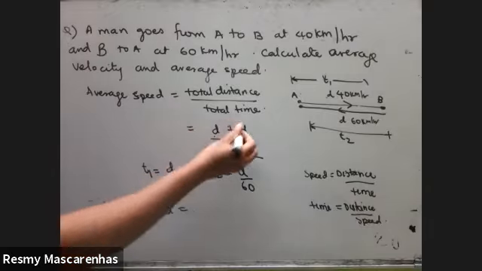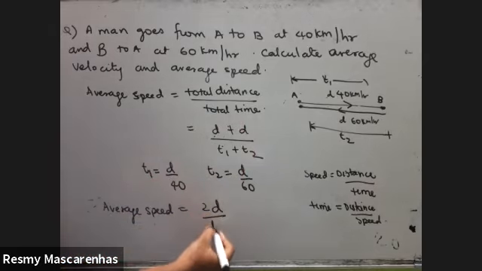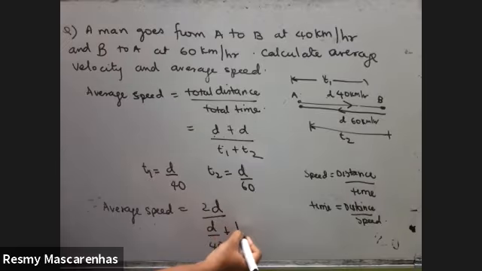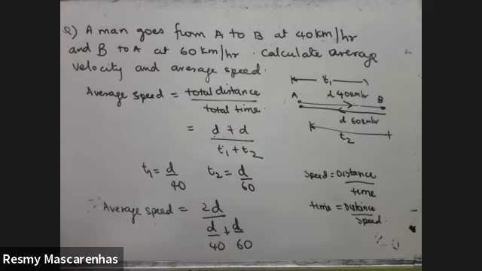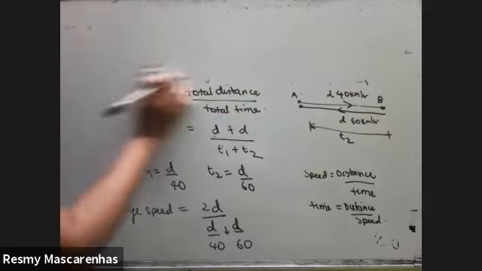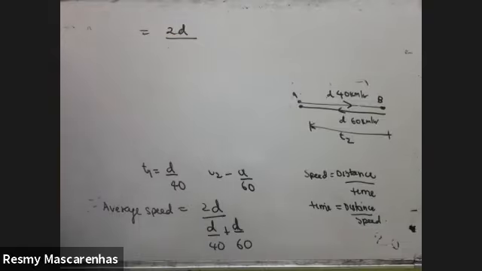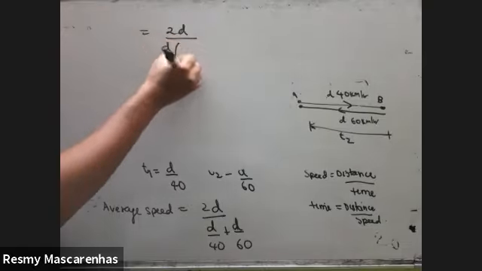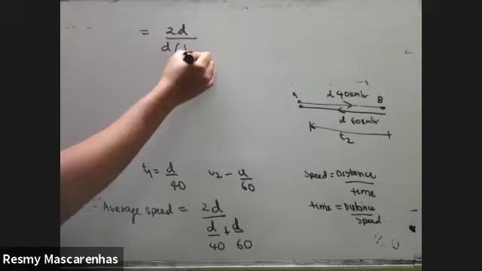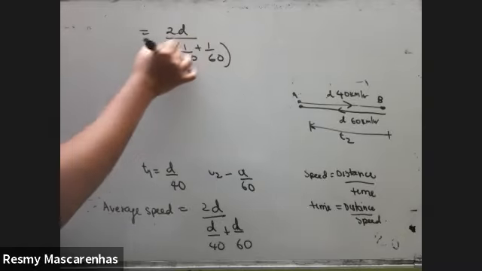So this will be d plus d, and then take out d common, same as the previous problem, and then calculate. And then you can cross multiply the numbers. d I took out common, 1 by 40. d and d will cancel.